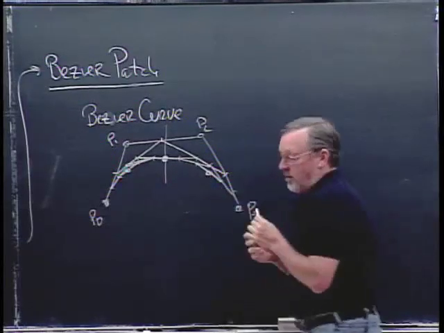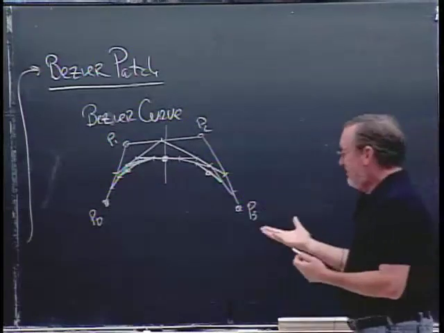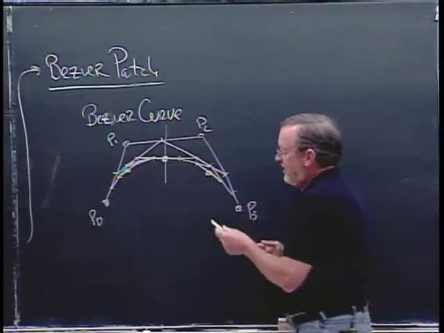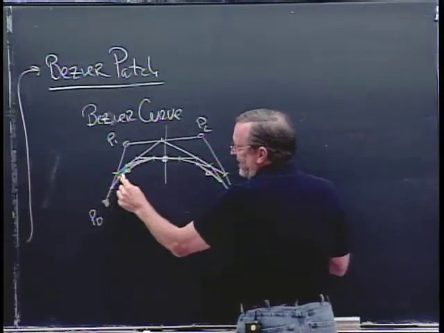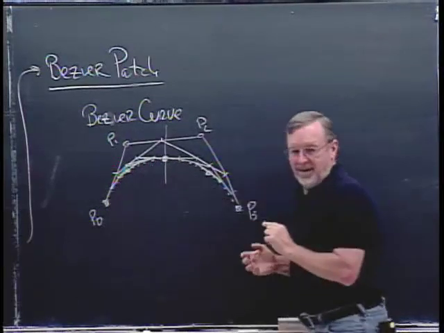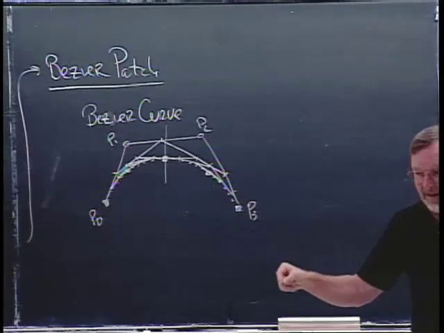There's another point on the curve there. And you can keep doing this, this nice step, until you get a sufficiently large number of points, then we just connect them up with straight lines.